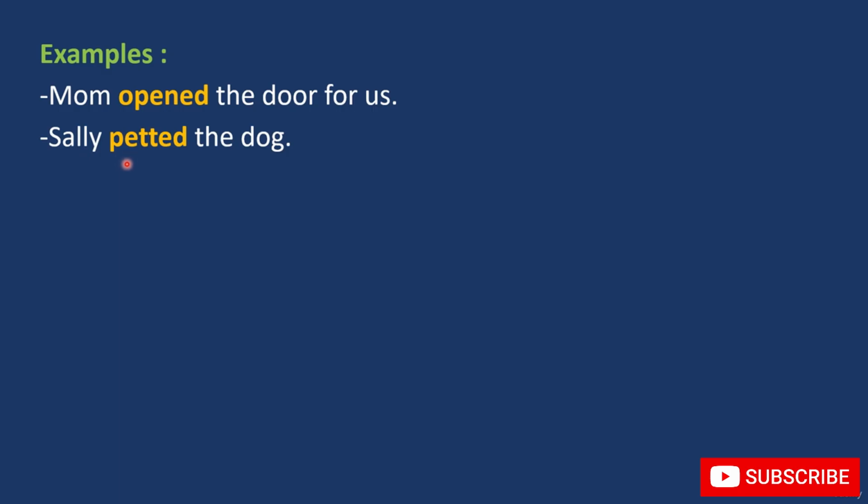Sally petted the dog. That event happened long ago. By the way, if you do not know the meaning of any word, I need you to use your own dictionary and translate it into your own language, and write the meaning in English and also in your own language.